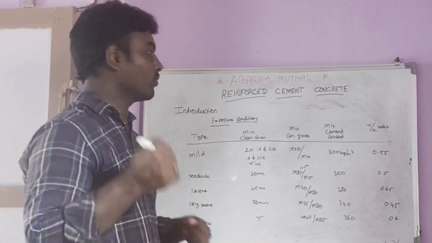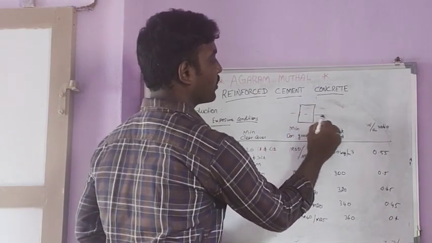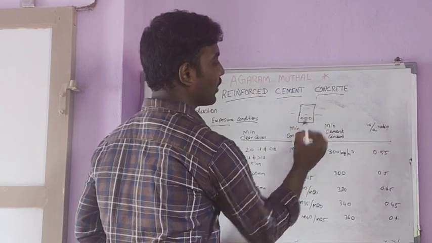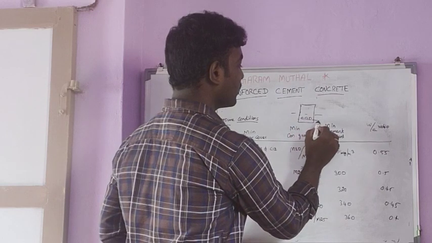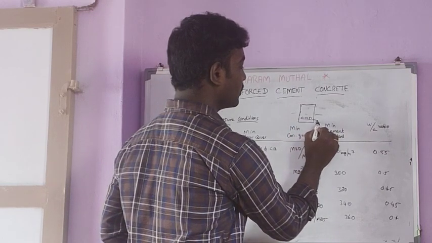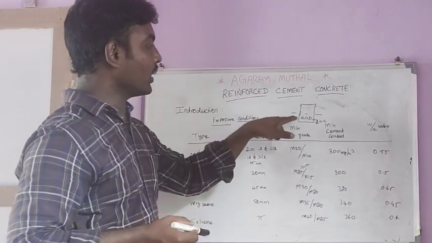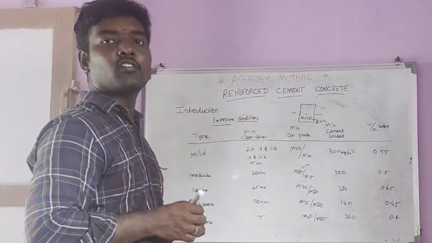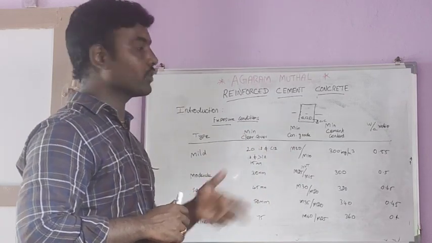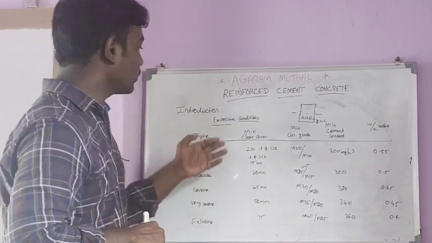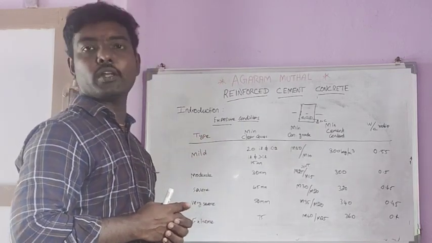For example, if I am taking this as a beam, providing reinforcement at the tensile zone, our clear cover will be denoted here. This will be our clear cover. The extreme end of the steel reinforcement to the nearest edge of the structural member is called clear cover. So for mild exposure, our clear cover value should be 20 mm.